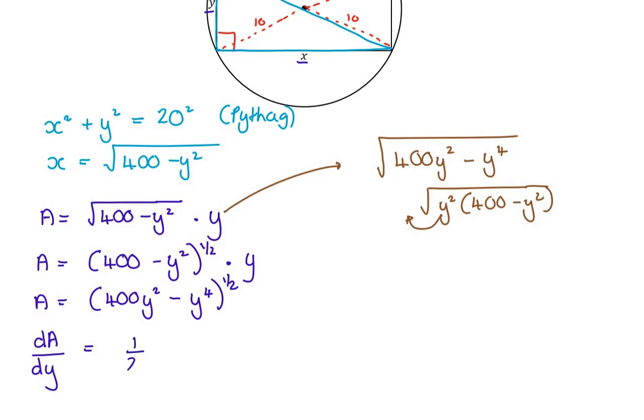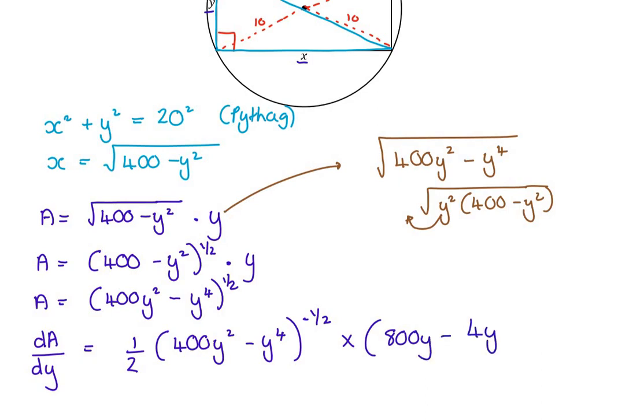Bring down the half, leave the inside alone, so 400 y squared minus y to the power of 4, subtract 1, multiply by the derivative of the inside, which is 800y minus 4y cubed. Now, I'm not particularly loving the look of this because it doesn't look like a particularly nice equation, but anyway.